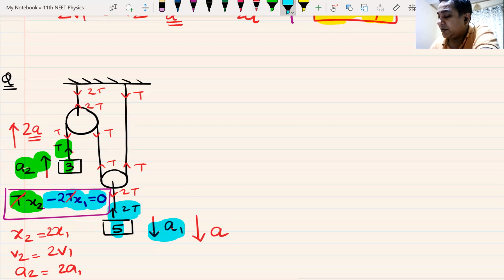Do we understand this? Can I have some raised hand that we understand this? 5 kg block moves down with an acceleration a. 3 kg block moves up with an acceleration 2a. Do we understand this? Can I have raised hand that we understand this? I'm lowering all hands.